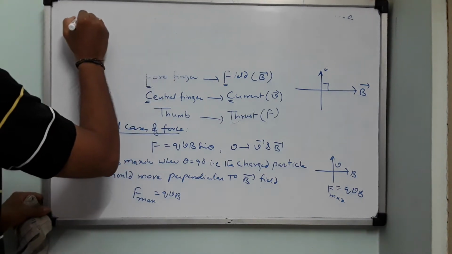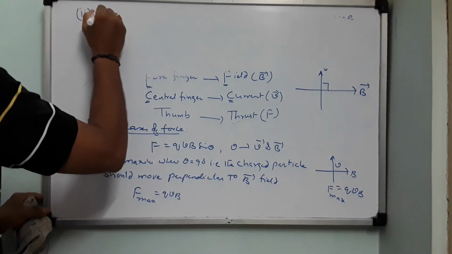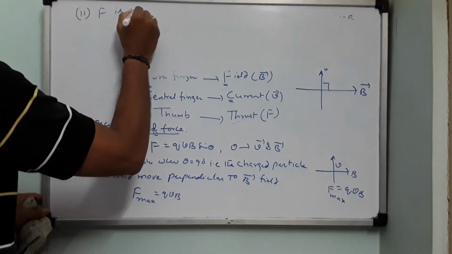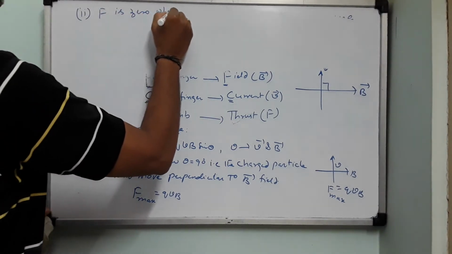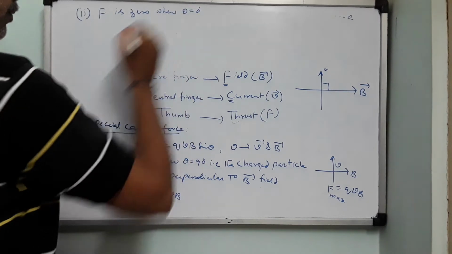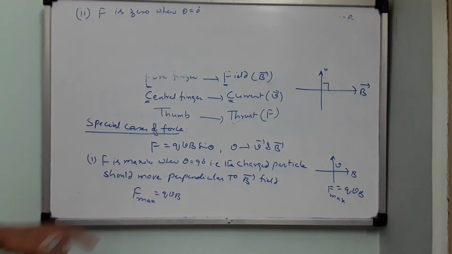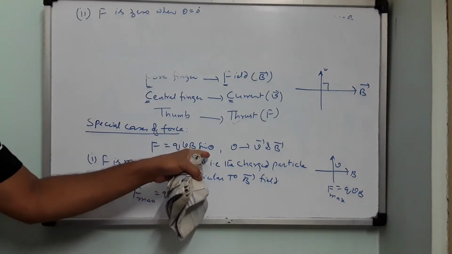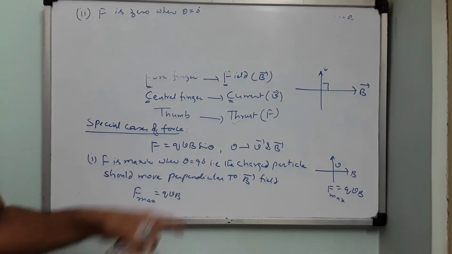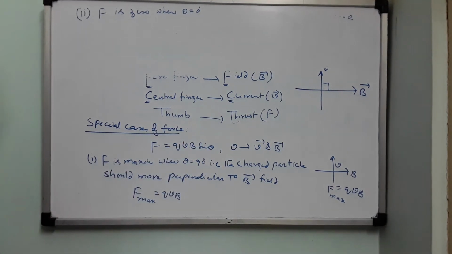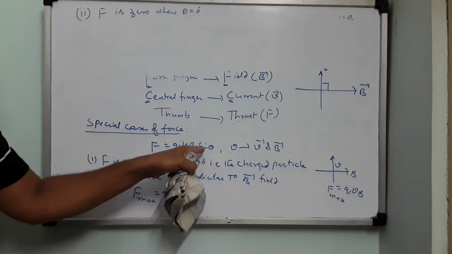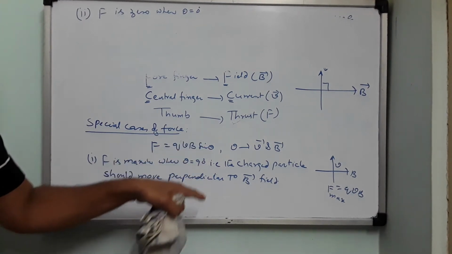Now the second case, number 2: F is 0 when theta equals 0 degree. In this equation, when you put theta value 0, sin 0 is nothing but 0. Also, if you put 180 degree here, sin 180 is also 0.